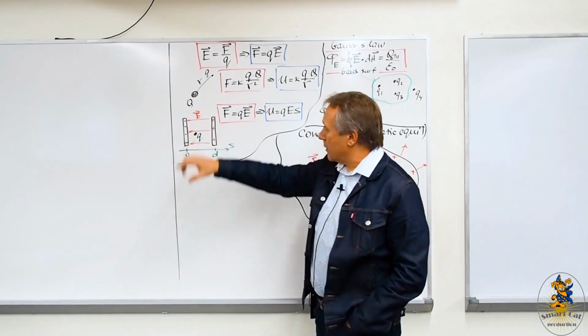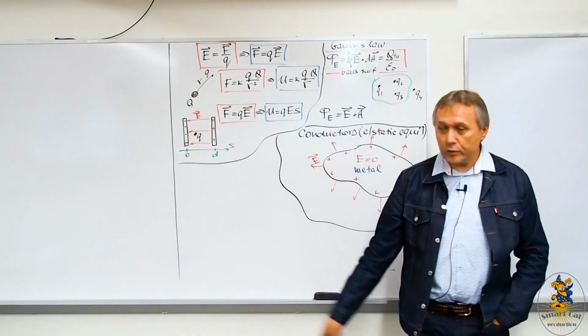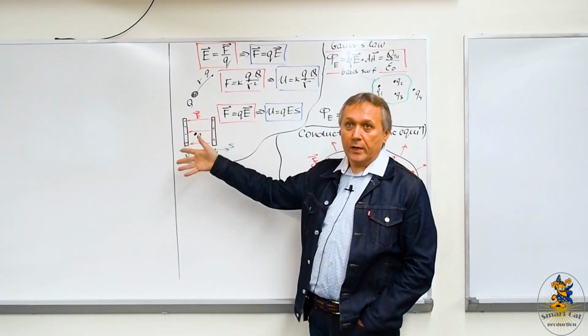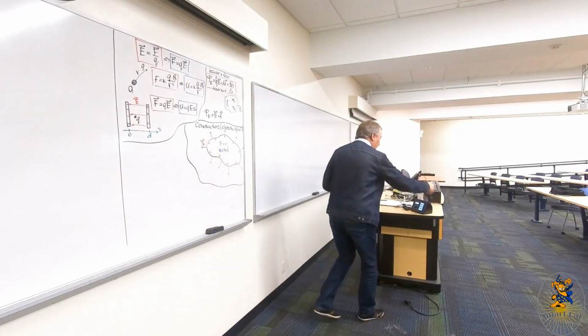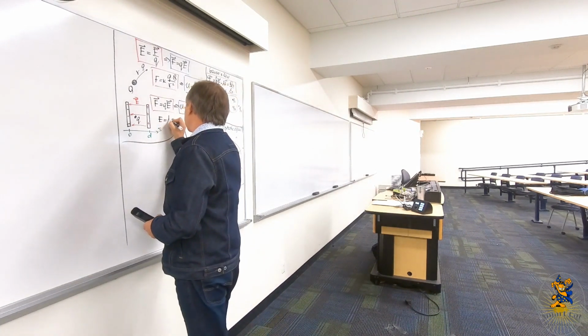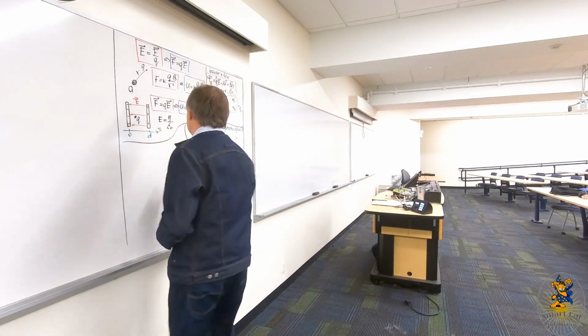Then, if you have a parallel plate capacitor, we introduce it properly. The electric field inside is, of course, uniform. Expression for the electric field, maybe I should have added it: electric field equals surface charge density divided by epsilon naught.